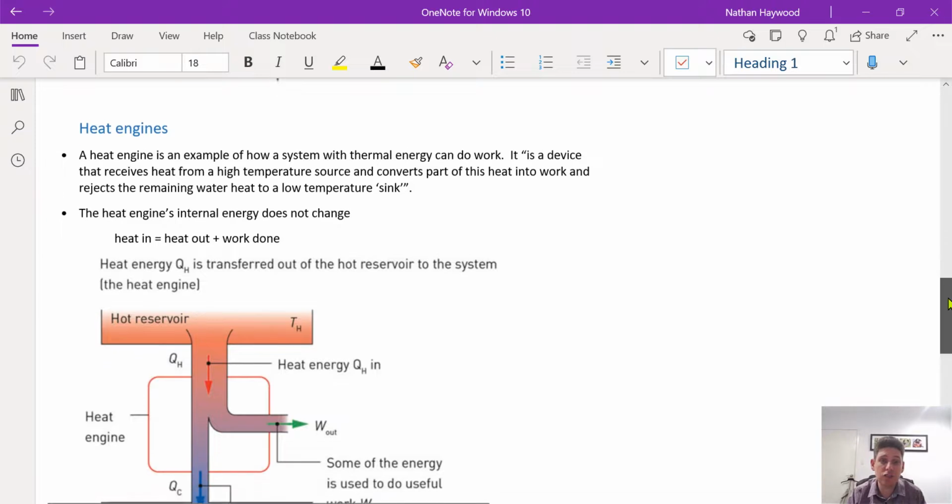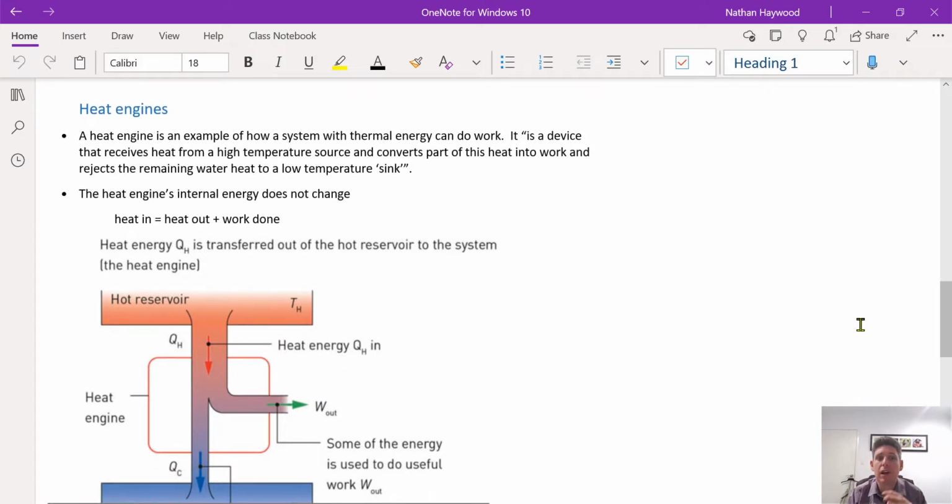A heat engine is a great example of how a system with thermal energy can work. There's many types of heat engines, and further along in physics, you'll look at more complicated engines. A heat engine is something that gets heat from a high temperature source and converts that energy into work.